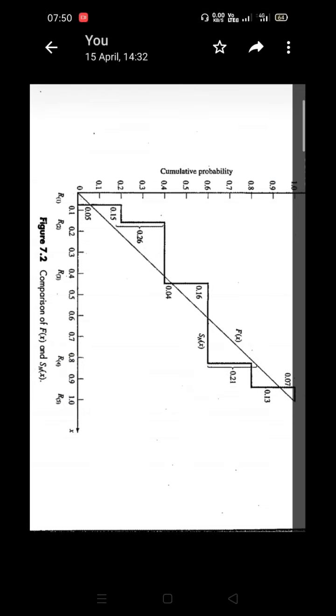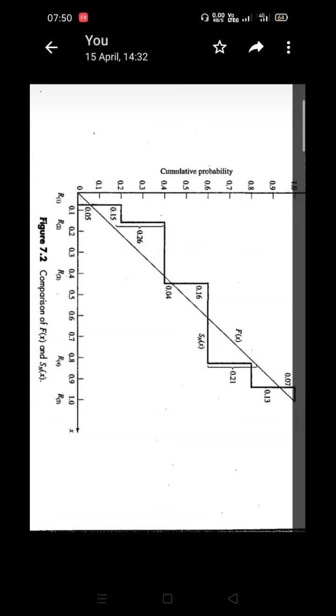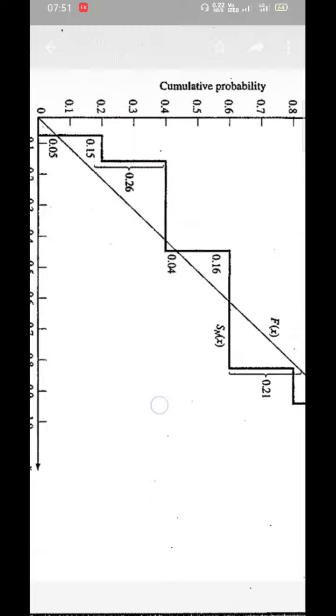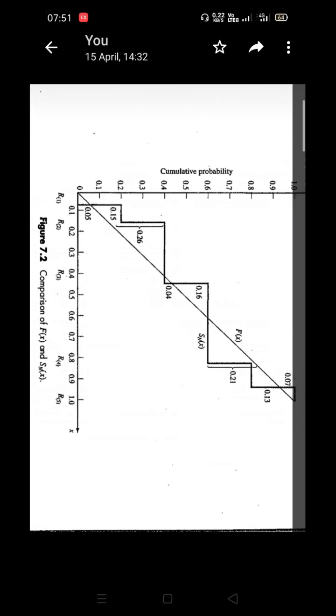Then we have 0.93 and 1.0, the last one. 0.93 and 1.0. Please concentrate.